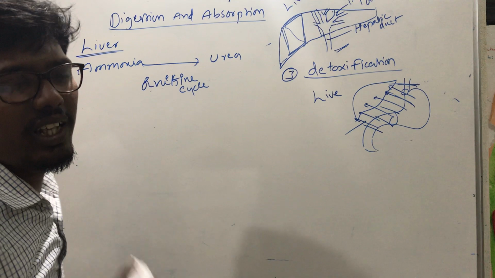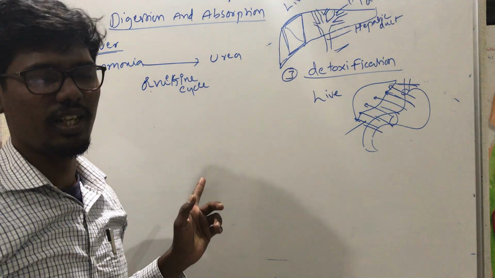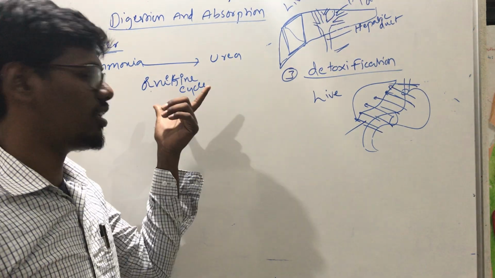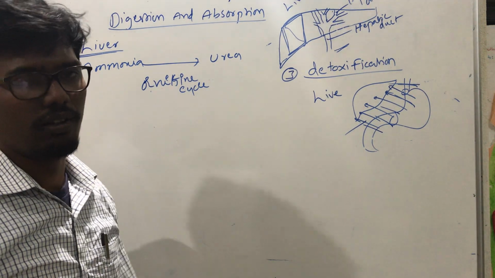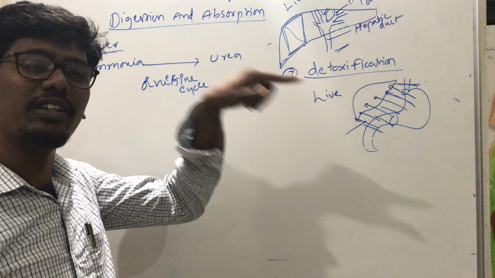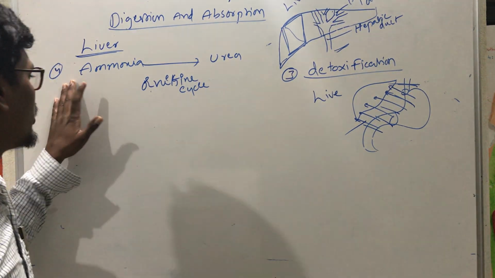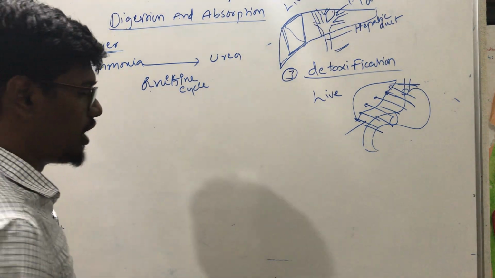We will discuss this clearly in the excretory system: what the ornithine cycle is and how ammonia is converted into urea. So it is one of the functions.